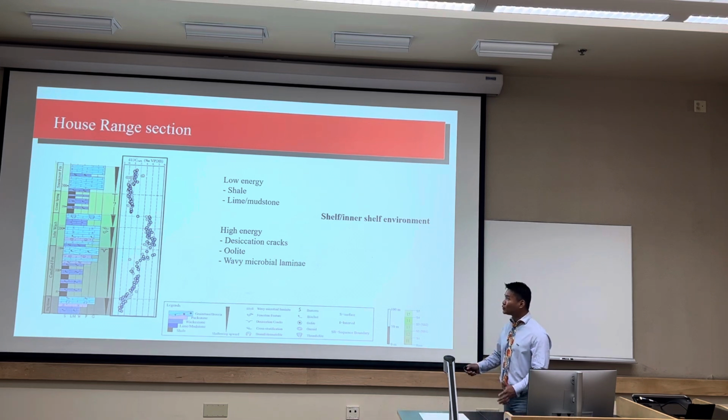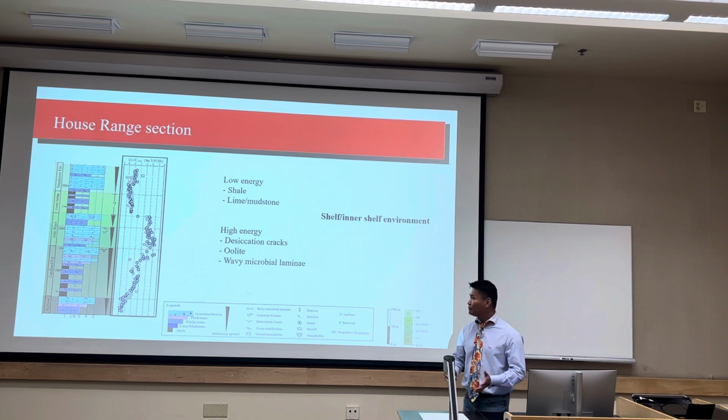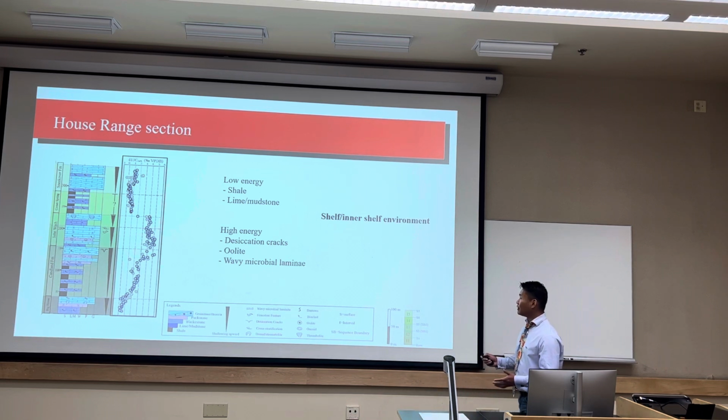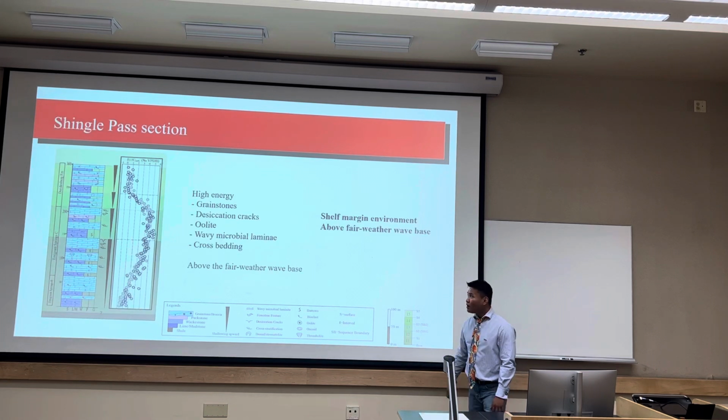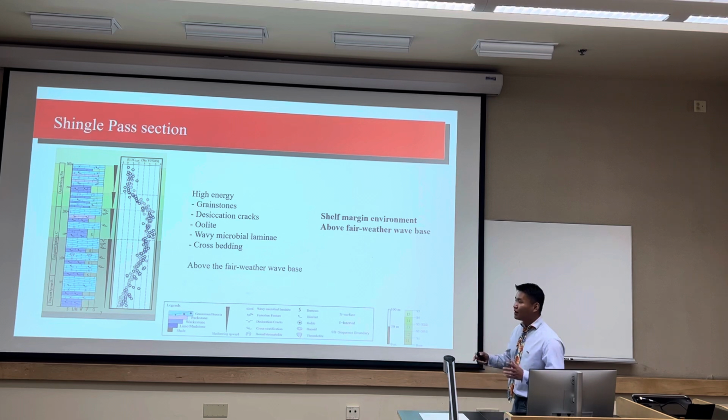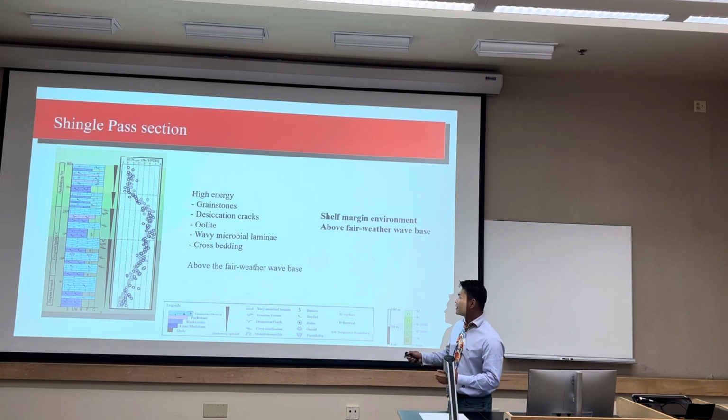So for the Huan section, the deposition environment would be the shelf environment, which is high energy, but you also have some kind of protected inner shelf environment, like a fluctuation between shelf and inner shelf. For the Single Pass section, this is pretty straightforward. You see a lot of high energy deposition, like grainstone, cross bedding, wavy microbial laminate.